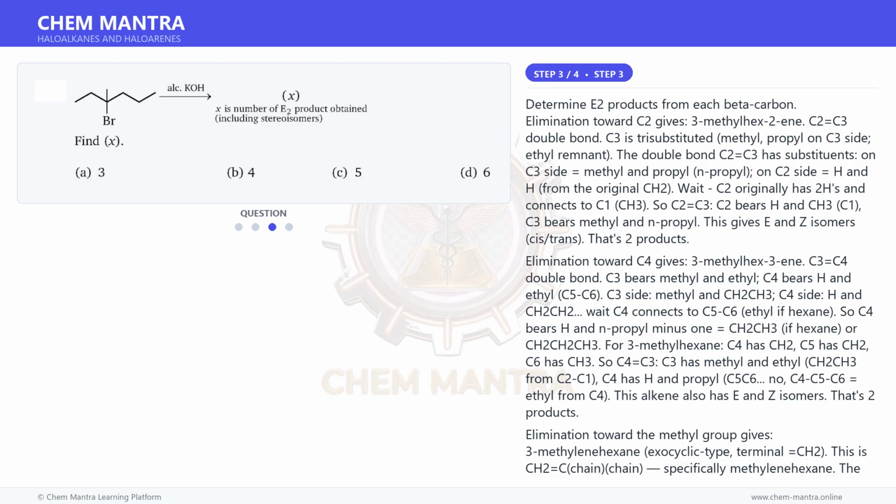So C4=C3. C3 has methyl and ethyl from C2, C1. C4 has H and ethyl from C5, C6. This alkene also has E and Z isomers.